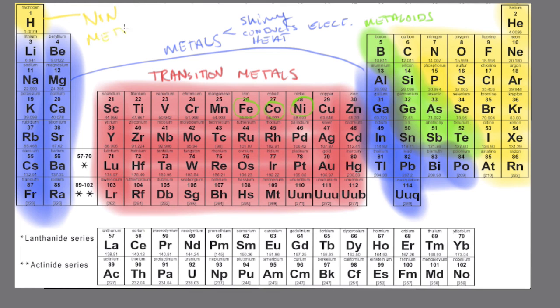It's important to remember that non-metals doesn't mean that they're gases. And I say that because you can take a metal and you can heat it up enough for the metal to become a liquid and also to become a gas. Anything could be either solid, liquid, or gas.